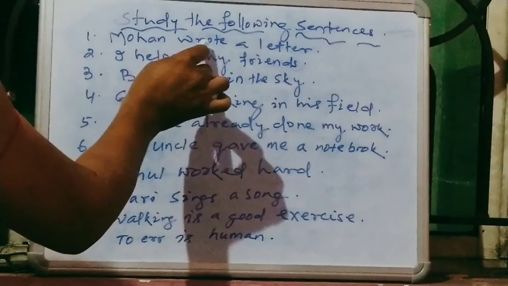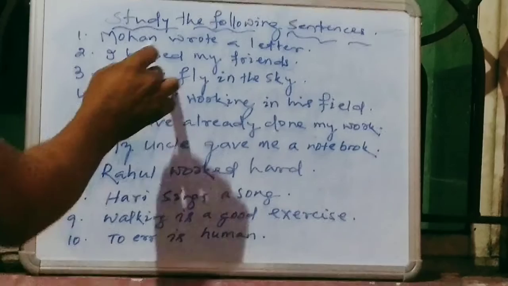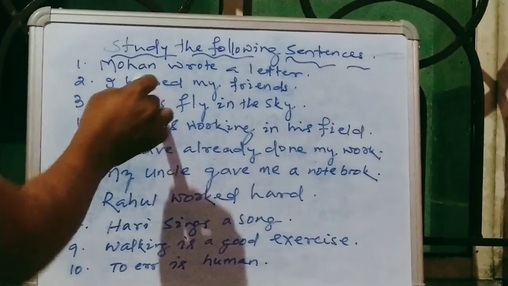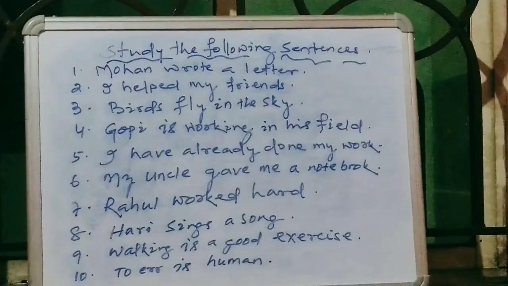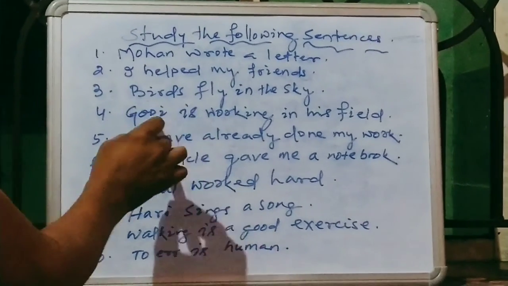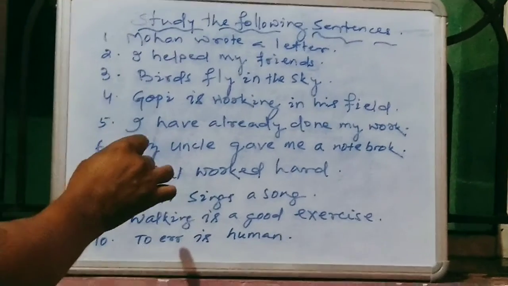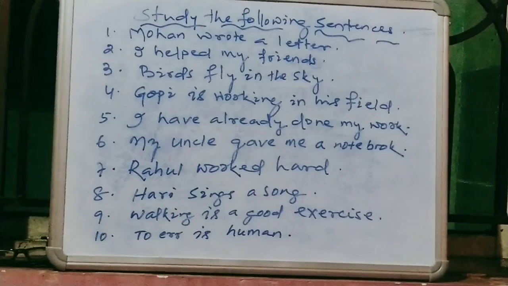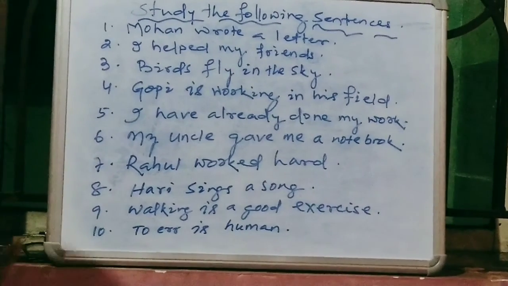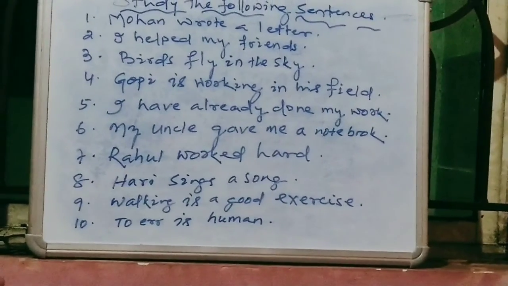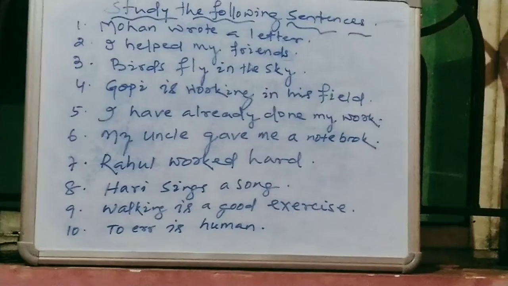So here you see wrote, it is very close to the subject Mohan, so that it is the finite verb, and heard, it is very close to the subject I, so that it is the finite verb, and fly, it is very close to the subject birds, so that it is a finite verb, and is, it is very close to the subject Gopi, so that it is a finite verb. So similarly, the verb which is just after the subject, we must be sure that it must be the finite verb. Clear? So the finite verb appears at the beginning of the verb phrase, right?